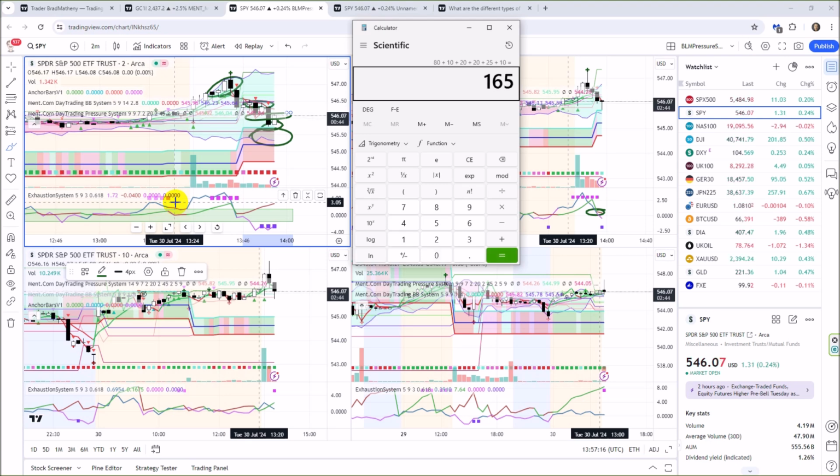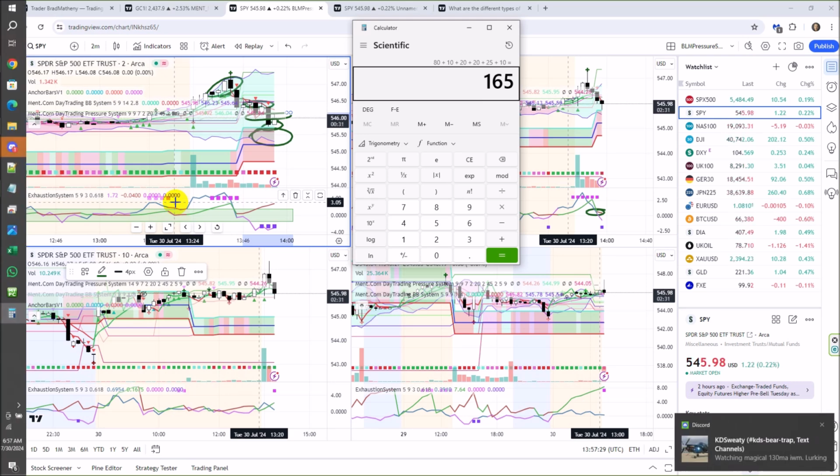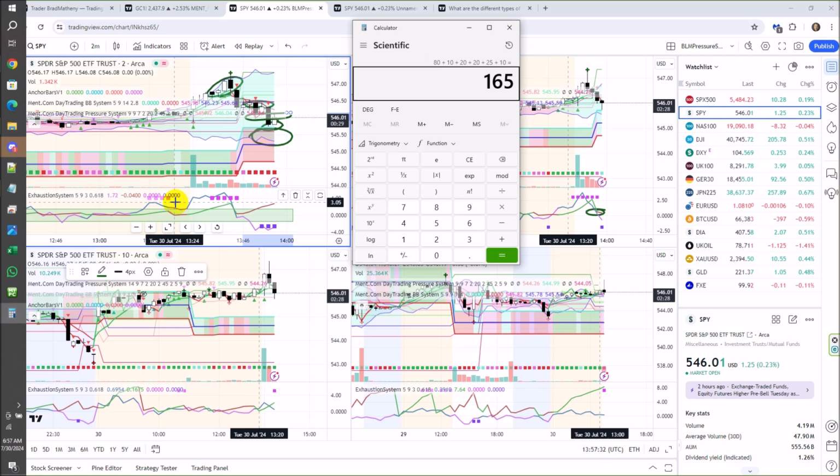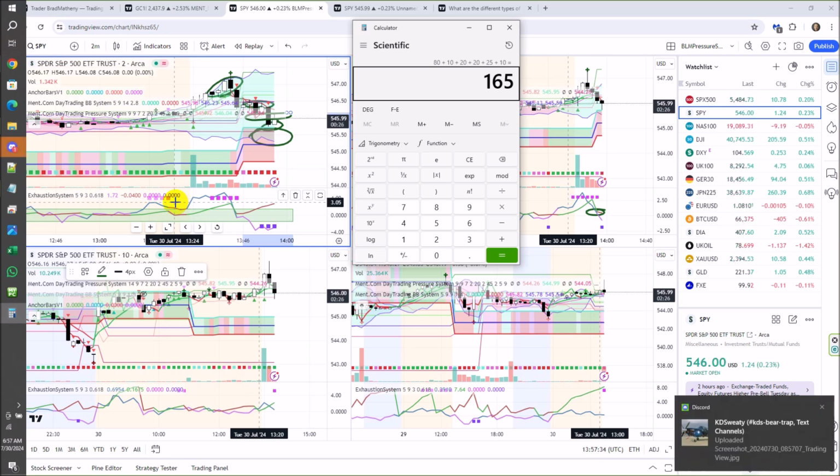So what he's doing is he's just booking these little 10, 20, 30, 40, $100 profits over and over again, being very quick about it. Then he'll wait for another trade, and he'll do the same thing.